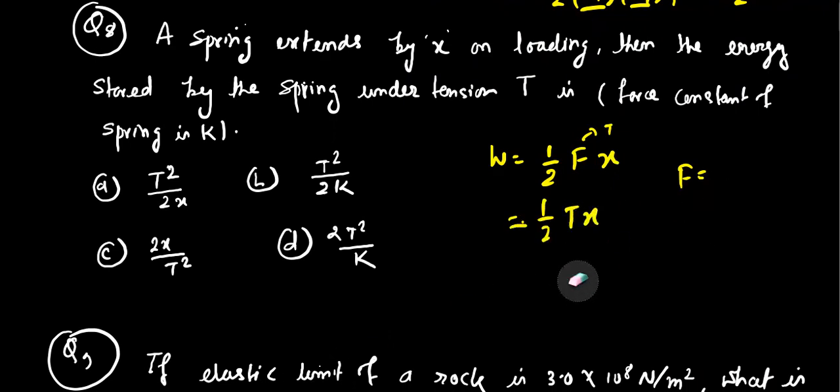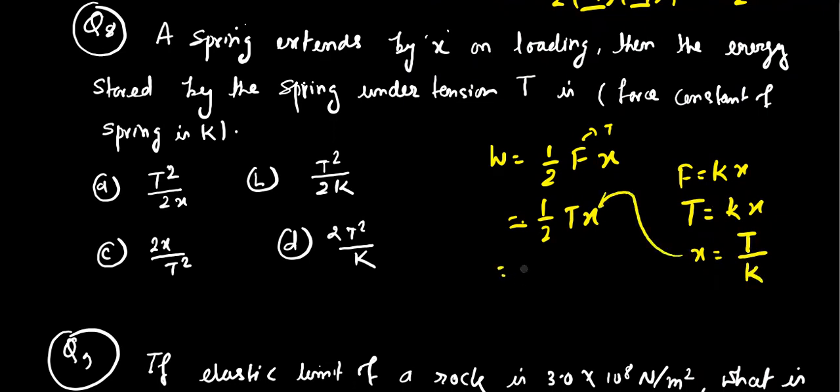Also we have the expression F equal to Kx, or in terms of tension T equal to Kx. So x can be written as T by K. On using this expression here, we get 1 by 2 T square by K. Let me check. 1 by 2, 1 by 2. This is T square by K. So our option B is the correct option.